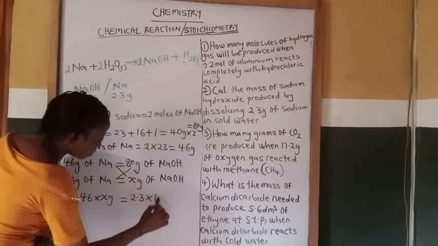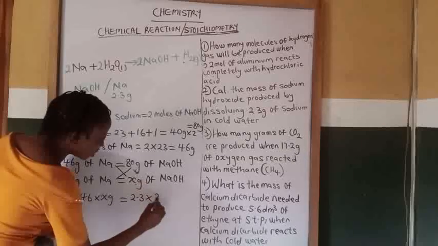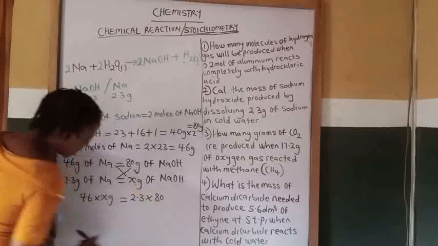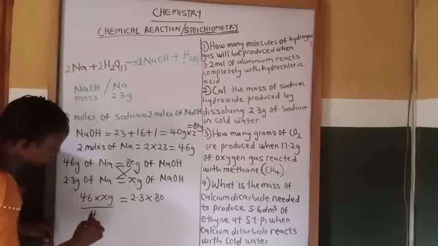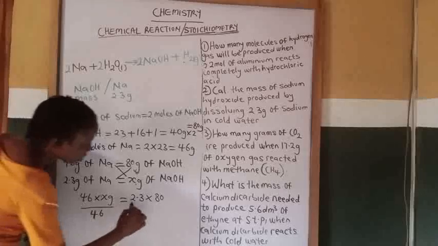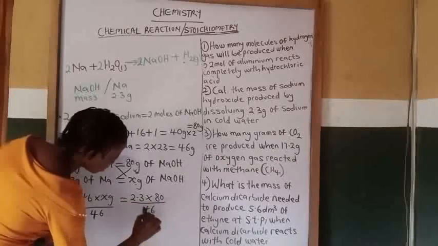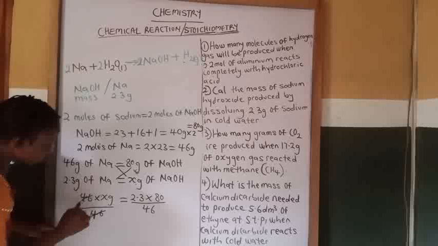2.3 times 80 gram. Then we are looking for x gram, so we divide both sides by 46. 46 cancels 46.